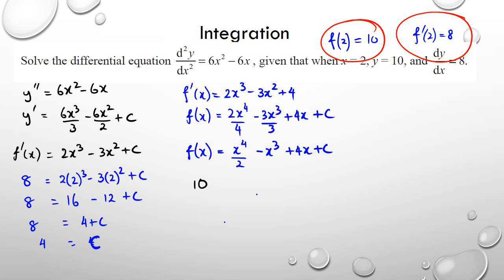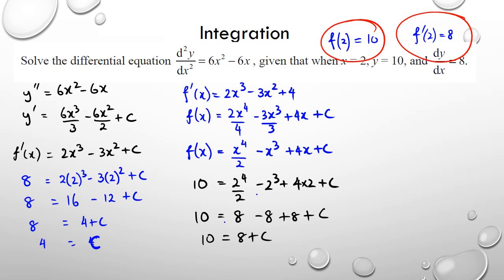So I can write this as 10 equals 2 to the power of 4 over 2 minus 2 cubed plus 4 times 2 plus c. So 10 is equal to 8 minus 8 plus 8 plus c, and this simplifies to 10 equals 8 plus c. So c is equal to 2. So my original equation would be y equals x to the power of 4 over 2 minus x cubed plus 4x plus 2.